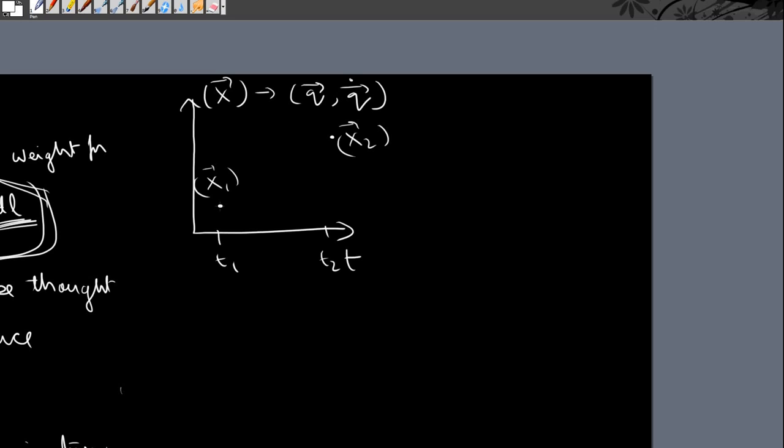Now the system can go from this initial to final state through many different paths, but we know that only one of these paths is going to be the correct path, or the path which follows the equations of motion.